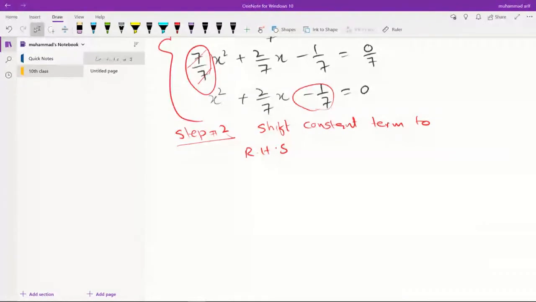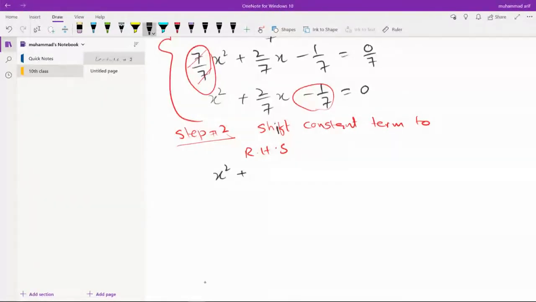Okay, now to complete step number 2, shift the constant term to the right hand side. What is the constant term? Minus 1 by 7.